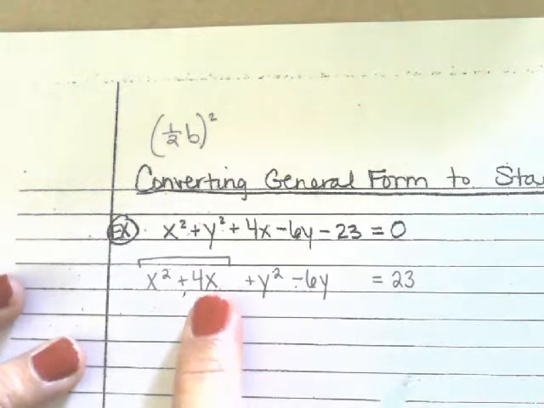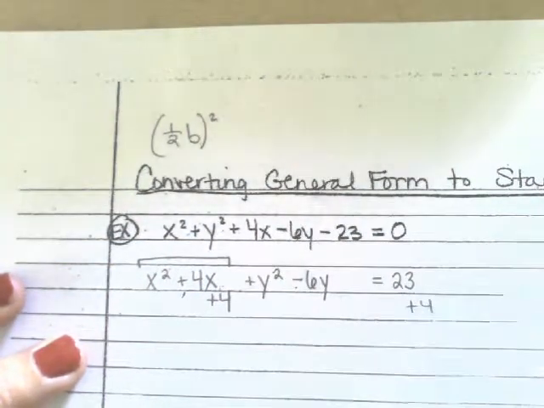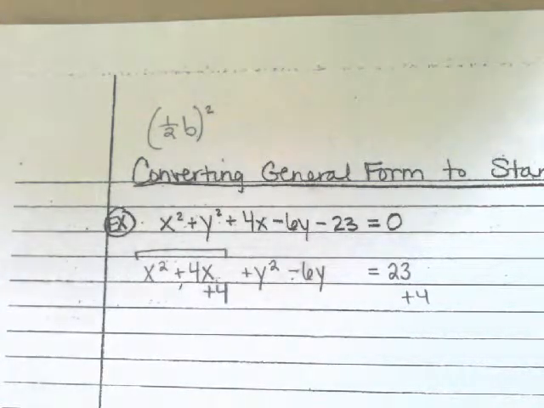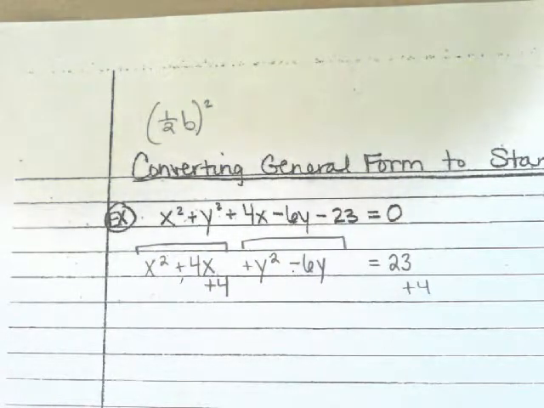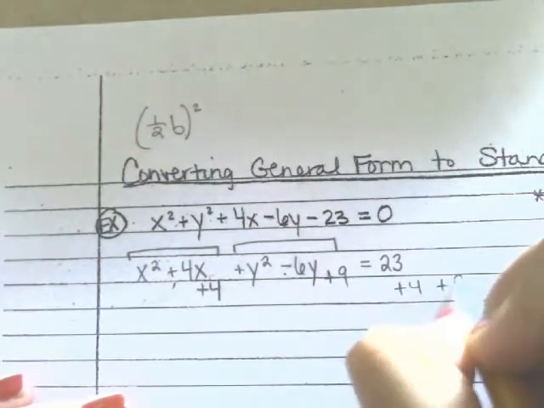So half of 4 is 2, and then 2 squared is 4. So we're going to add a 4 here, and add a 4 to the right-hand side of the equation to keep all things equal. And then on the y's, what are we going to add to both sides? Hannah Webb? 9. Half of -6 is -3, squared is 9.